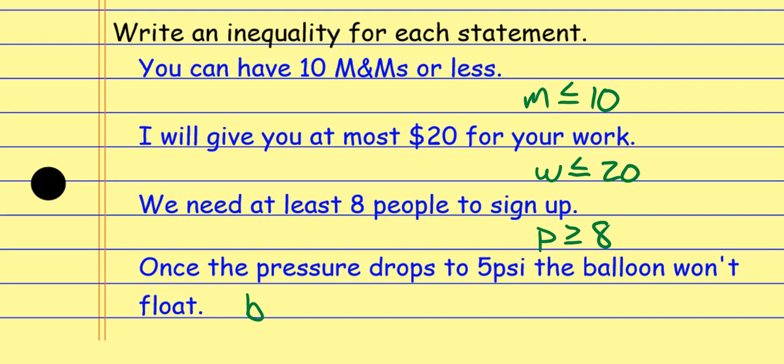So I want to be above that, right? I want to have a greater value, so B is greater than 5. And notice there's no equal to condition this time, because once it hits that 5, the thing's going to start to sink, okay, according to this problem. I don't know if the science supports that, so don't quote me on this, okay? But we want the pressure to be higher than that, greater than that 5, so that the balloon is floating. Okay?